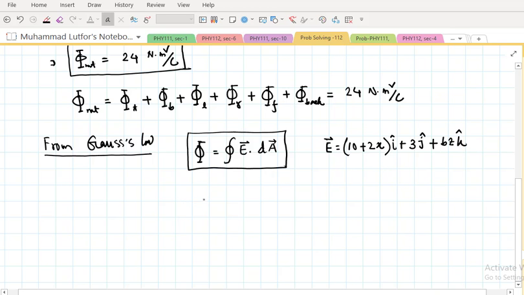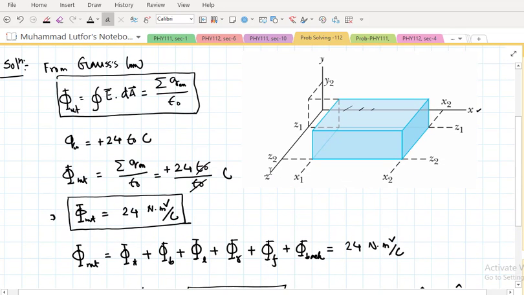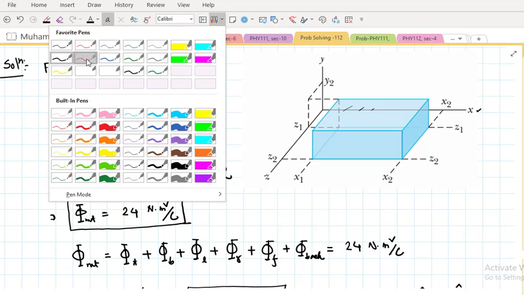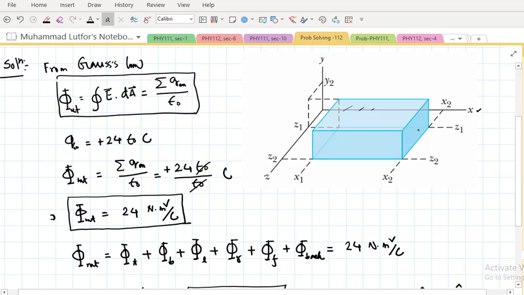Now what would be the area? The area for different surfaces would be different, because area is a vector. I have to find the direction also. I'm going to use a different color for indicating the area vector. This one I can express as dA toward the right side.